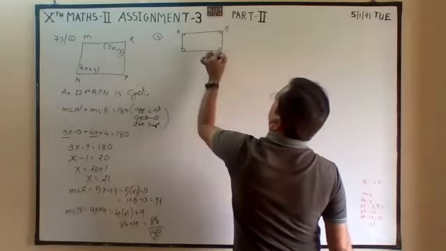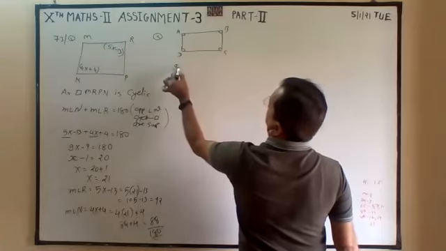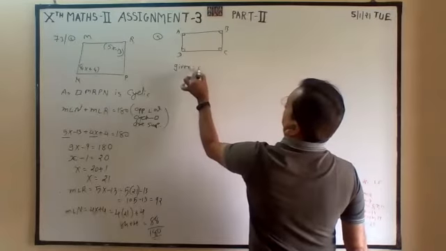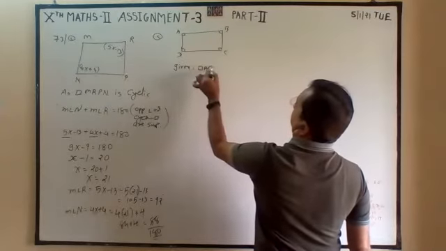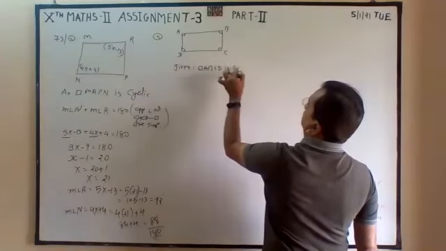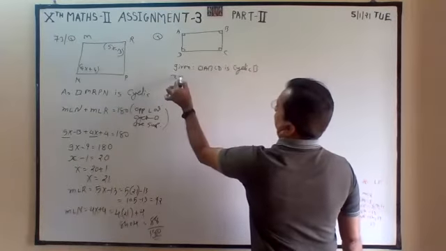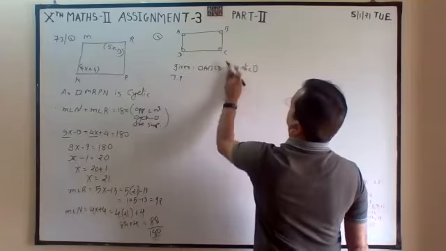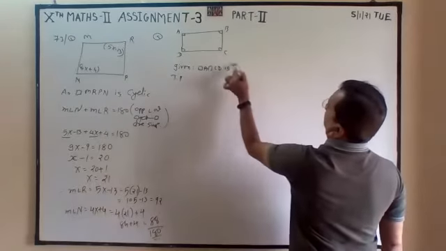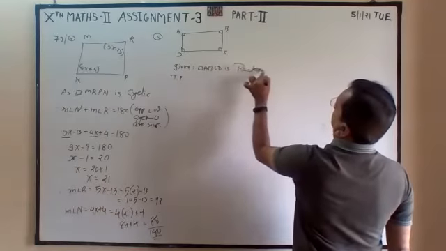ABCD. Given that quadrilateral ABCD is a rectangle.